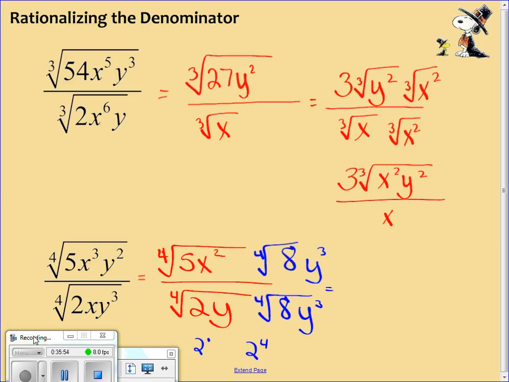So let's go ahead and multiply and see what we get here. Make sure we're still good all the way through. Yes. So we have the 4th root of 5 times 8, which is 40, x squared y cubed, all over, what's left on the bottom? 2y.